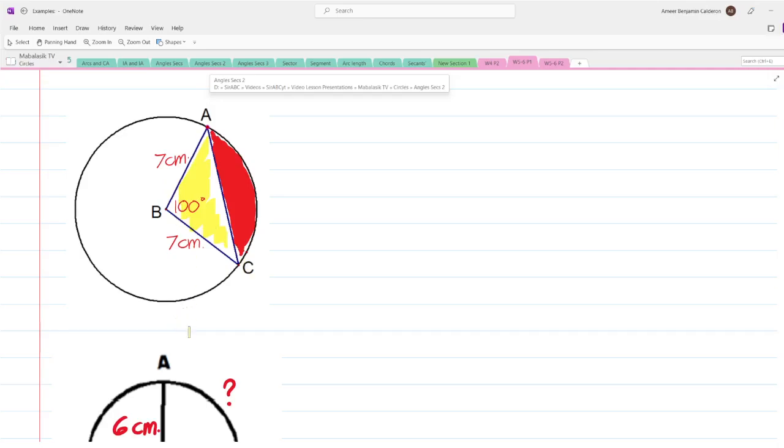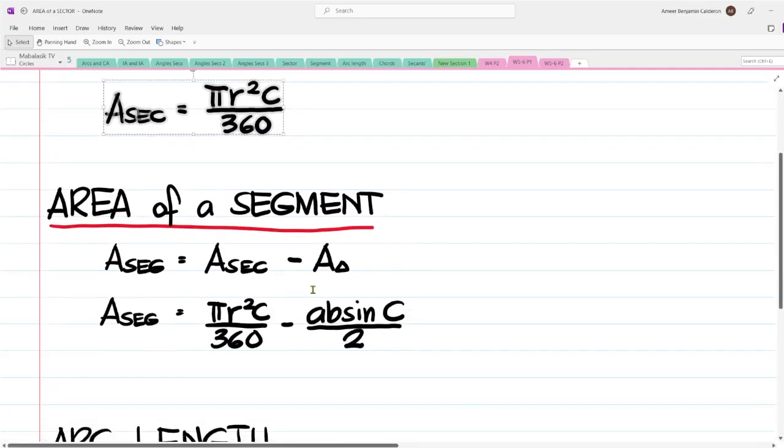There are different ways to calculate the area of a triangle depending on the given data. This time, we are given the measurement of two sides and an included angle. That being said, this is the formula that we are going to use, AB sine C over 2, to calculate the area of the triangle.